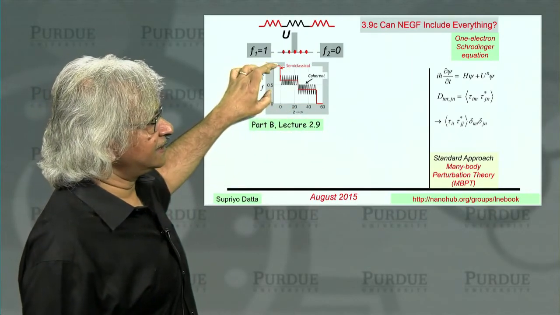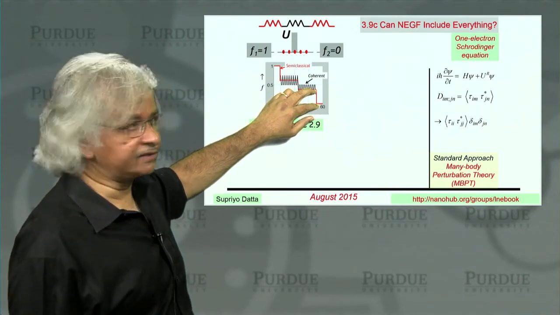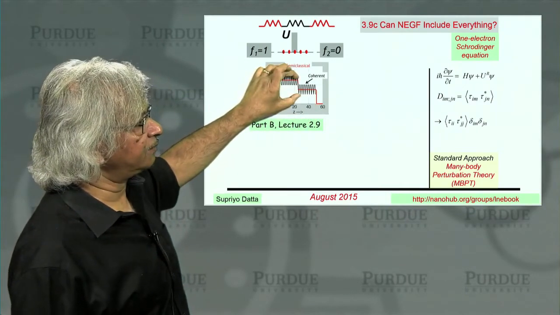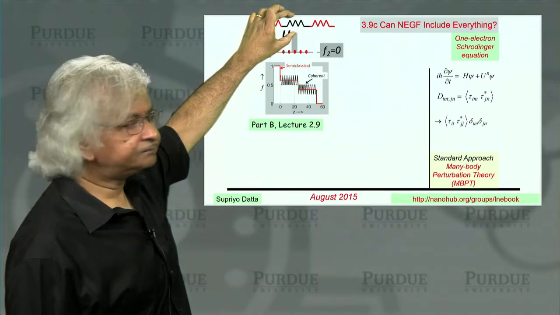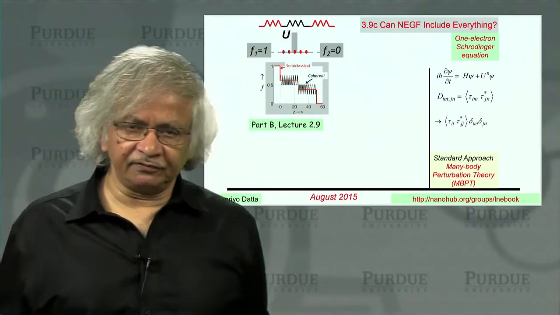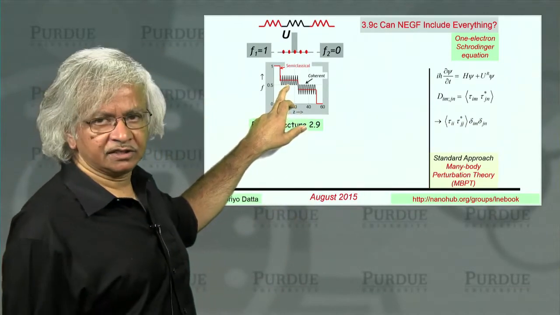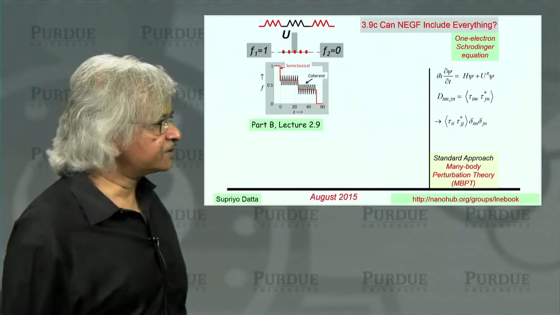And semi-classically you'd expect drops at the contacts because of the contact resistance, and then a drop in the middle because of the scatterer. And when you do a coherent NEGF simulation, you get this black curve, the one with the oscillations because of the standing waves.